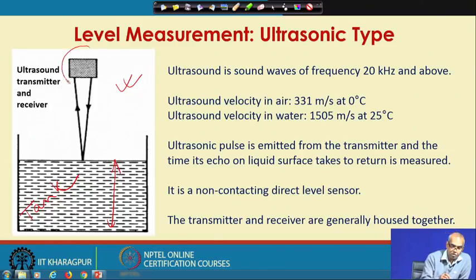This is an ultrasonic transmitter and receiver. So, this is the device which will produce ultrasound and it can also detect ultrasound. So, it will transmit the ultrasound and it will also receive the ultrasound.